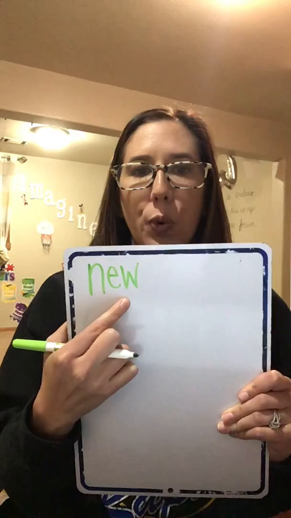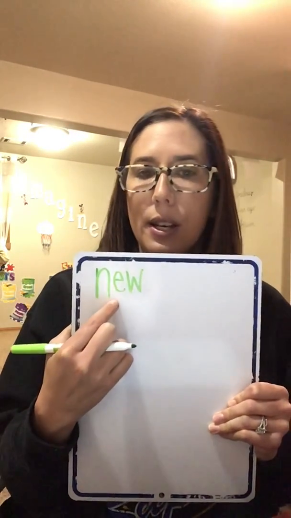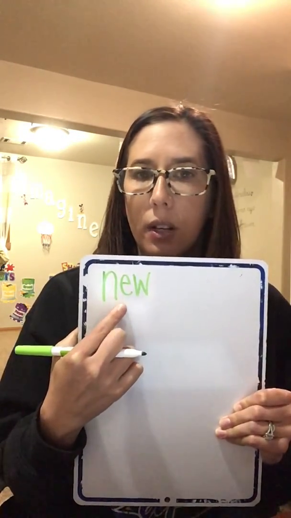Now, I'm going to say some different words with ER and EST in our ending, and I would like you to write them down. Our first word is going to be newer. So let's start with new, N-E-W, new. Now that is not a short vowel sound, okay?